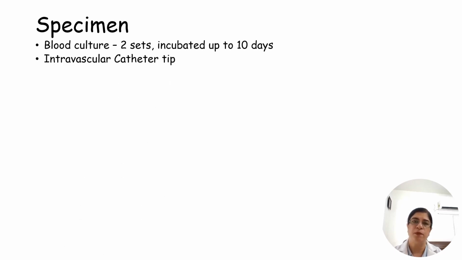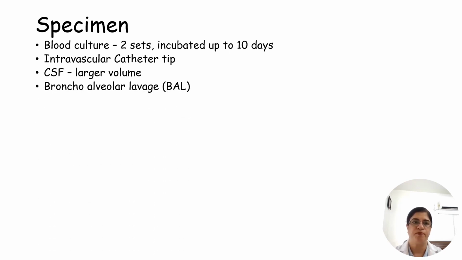Intravascular catheter tips are the only catheters which are allowed for sending for culture, and they should be properly collected aseptically, and the Maki method of culture should be used. CSF should be sent in large volume, about 5 to 15 ml, and now quantitative culture with 100 microliters of CSF is recommended.